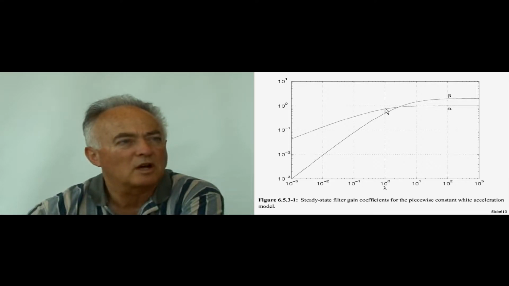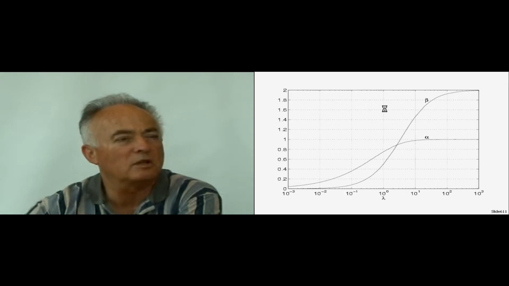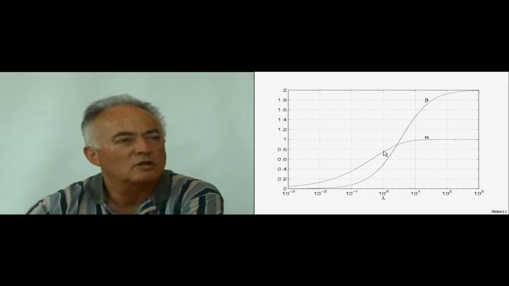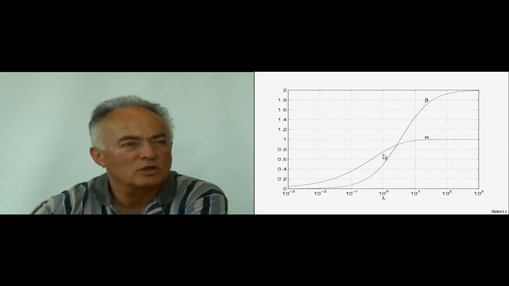Beta, alpha is around 0.8. The next plot gives you a better ability to read here. So you can see alpha is a little bit below 0.8 at lambda equal 1, and beta is around 0.5. So as the maneuvering index increases, alpha increases.